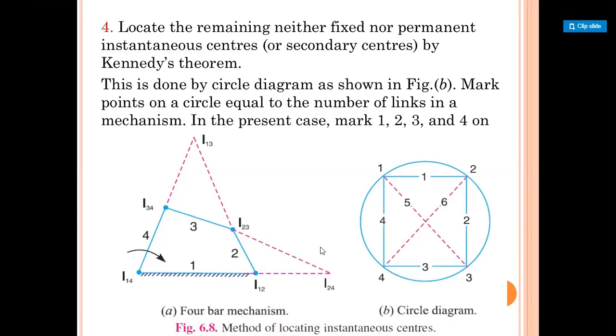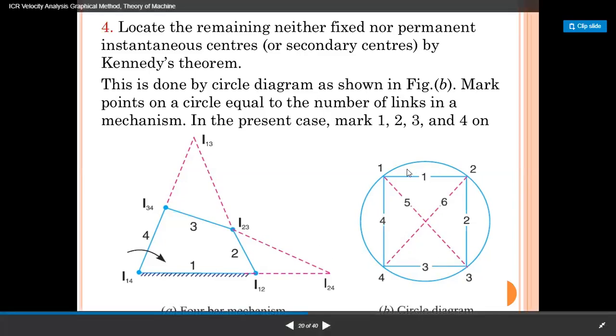There is a theorem called the Kennedy theorem. You have to use the Kennedy theorem to locate the neither fixed nor permanent instantaneous centers. To use the Kennedy theorem, first you have to draw a circle. Now take points 1, 2, 3, 4.